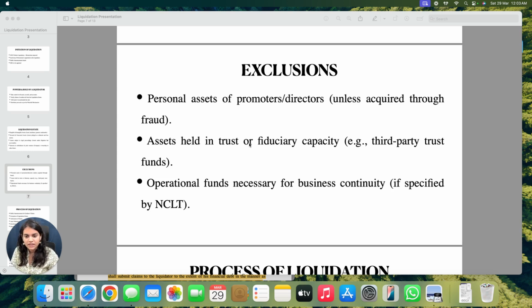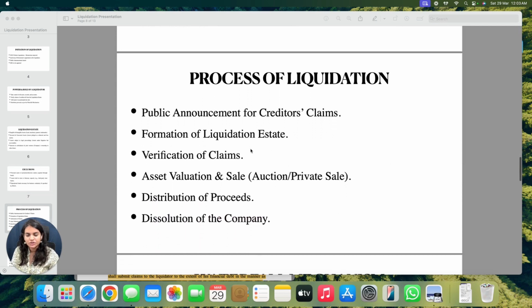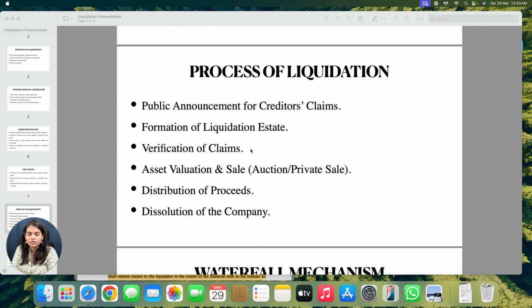So let us understand the process of liquidation. We will understand the process of liquidation and its respective timelines in this lecture and in the subsequent lecture.